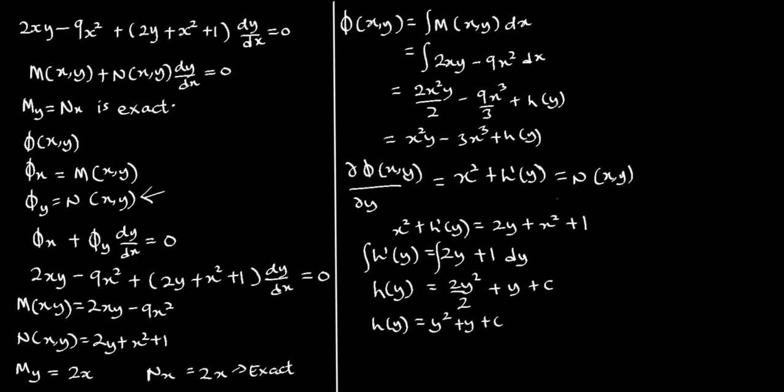Now you can substitute this back into the phi(x,y) that we have. Phi(x,y) is equal to x squared y minus 3x cubed plus h of y, which is now y squared plus y plus c. This now becomes the general solution to this differential equation.